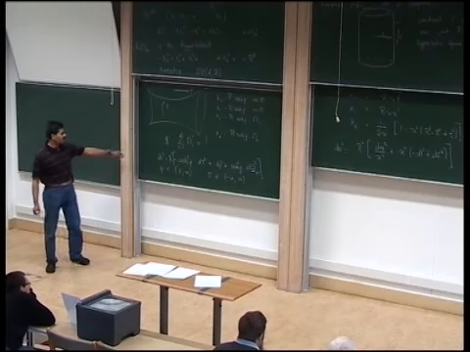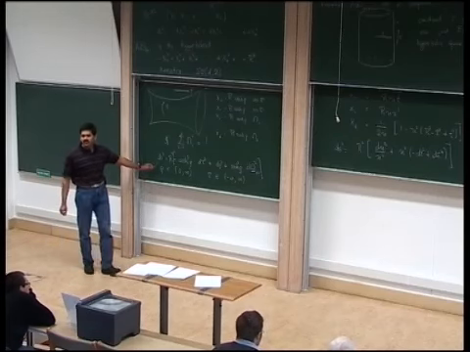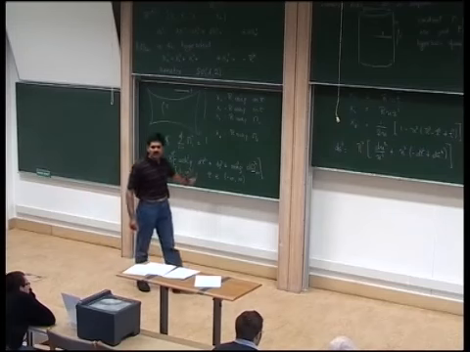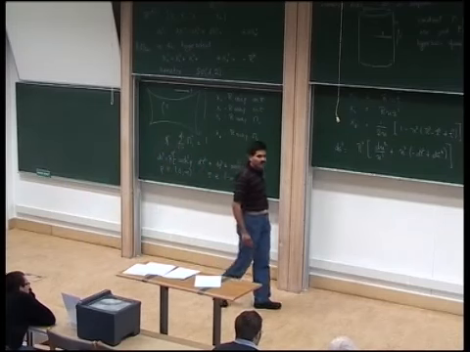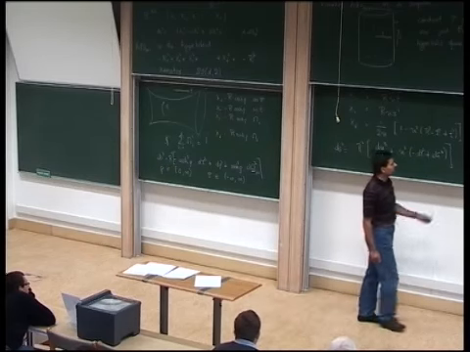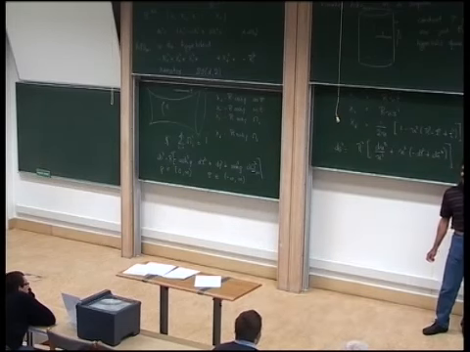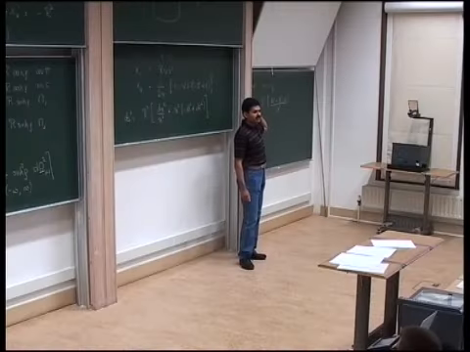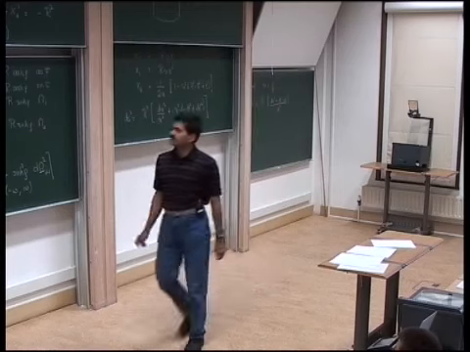These coordinates with this range that I mentioned here are a complete coordinate chart for the manifold. The coordinates given here only cover a fraction of the manifold. So, which fraction do they cover?